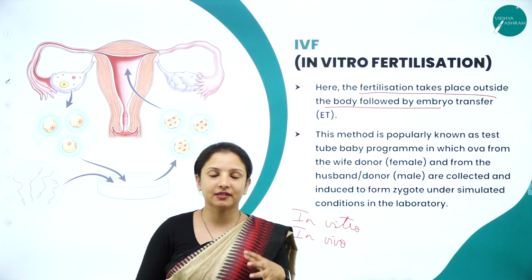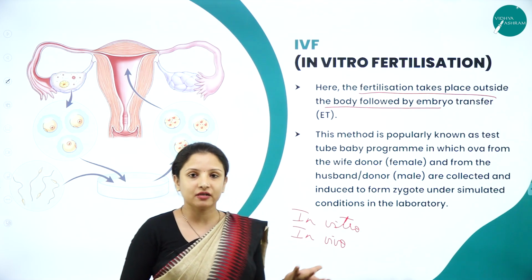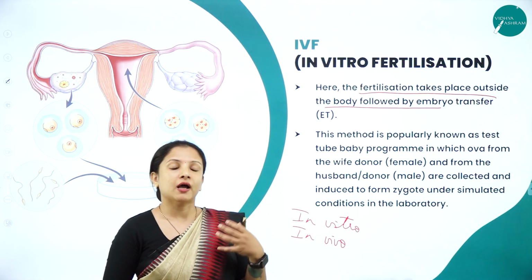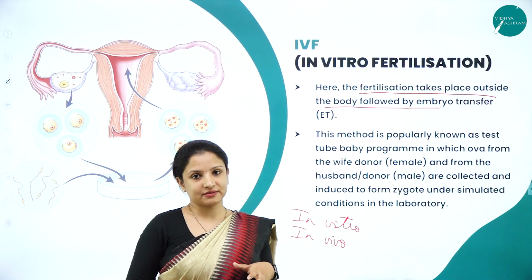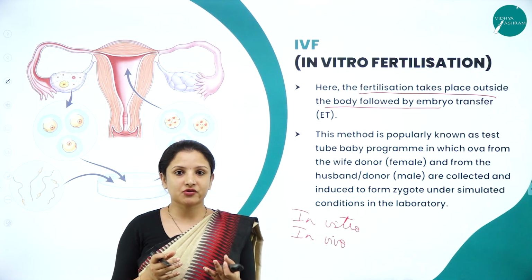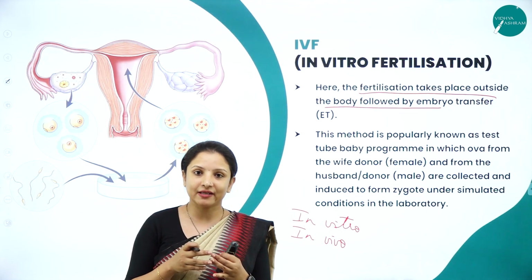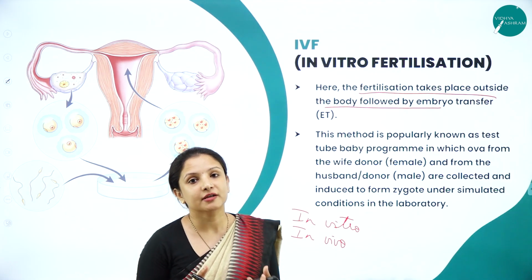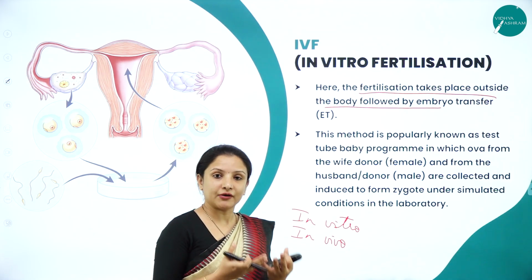Once the fertilization is done, that is, the egg from the female is retrieved and the sperm from the male is retrieved, in the laboratory the egg and the sperm fuse and they keep it under suitable, controlled conditions.